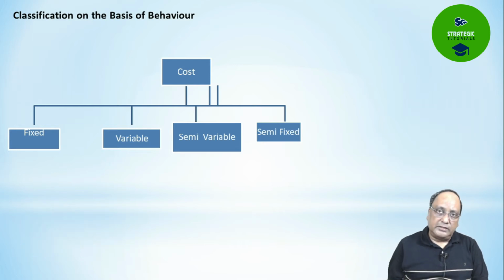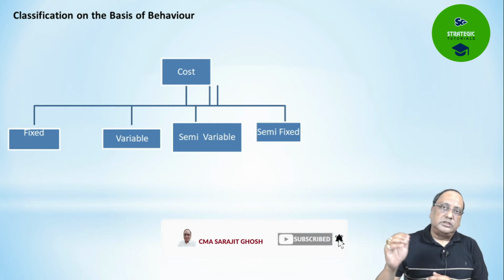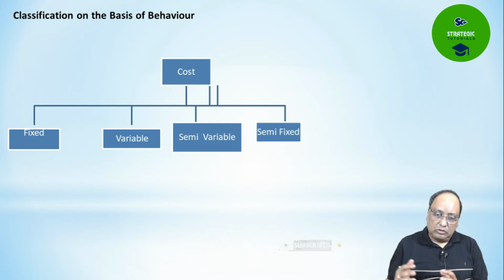For example, rent. Rent is fixed for the agreement period. Then automatically it will increase 10%, 15% according to the clause you have taken in the agreement basically. So automatically there will be a jump at the second level. So that is semi-fixed expenses.